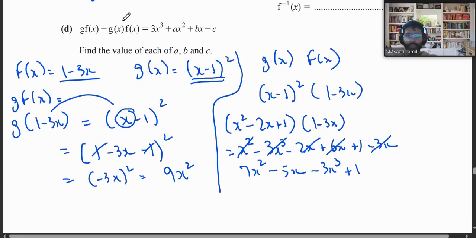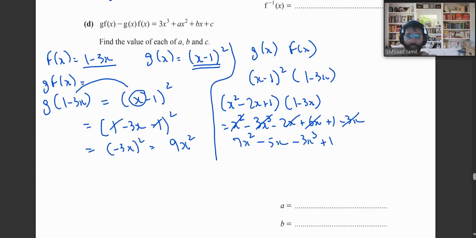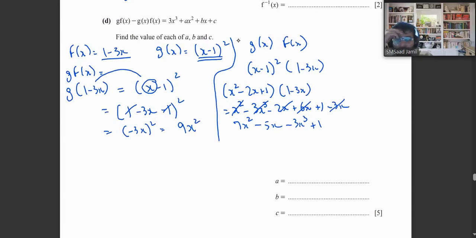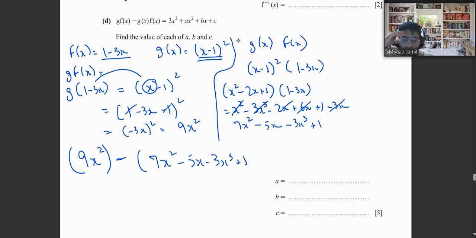Okay guys, so now moving on to the next part. This thing g(f(x)) is 9x square, minus this whole thing g(x) multiplied by f(x), which is 7x square minus 5x minus 3x cube plus 1.